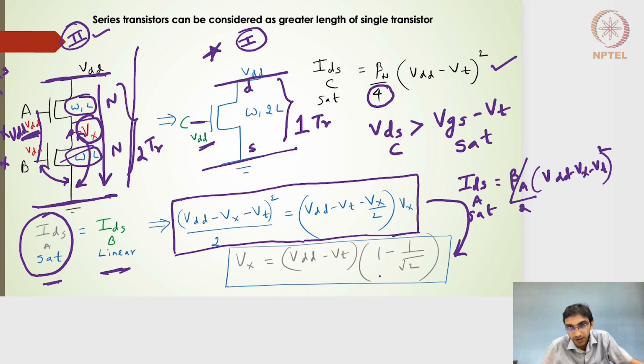So that will be close to 0.3, and 0.3 multiplied by 0.7 is somewhere close to 0.209 or 0.21 volts at maximum. So if Vx turns out to be 0.209 or 0.21 volts, it satisfies our conditions of saturation and linear region. Okay, so for the second configuration, we have got the Vx value, right?